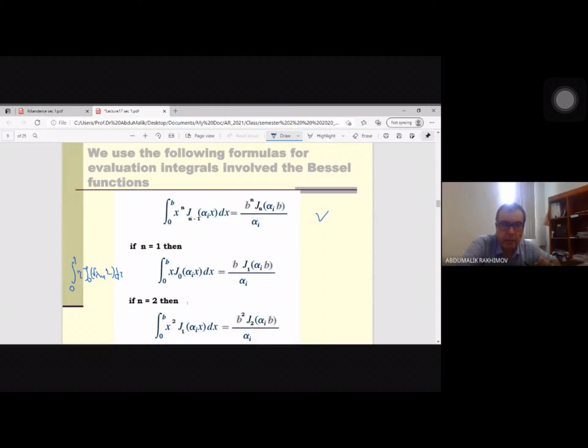B is 1, so the result is alpha, which is root of lambda n, times J1(root lambda n), over root of lambda n. Clear? This is how we use this formula: from this we get J1(root lambda n) over root lambda n.